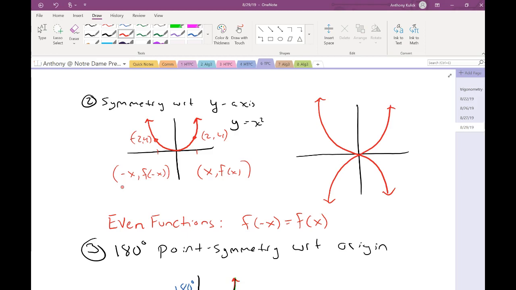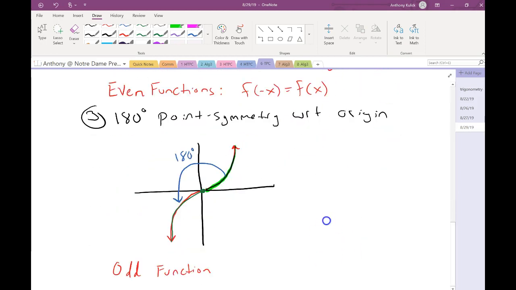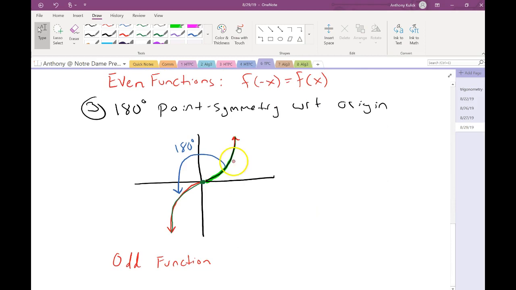Similarly, we have a similar statement that we can make for these odd functions. So if this is, say, the point 2, 8, over here would be negative 2, negative 8, kind of the equivalent. So what we can say here is f of negative x equals negative f of x.